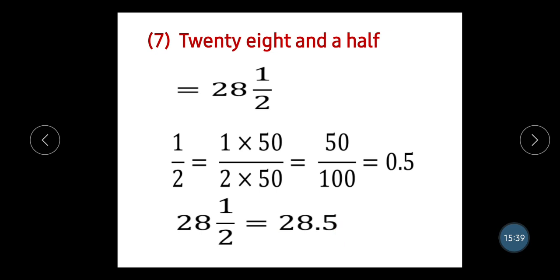It means the same. So my dear children, always remember, half in decimal form is known as 0.5.